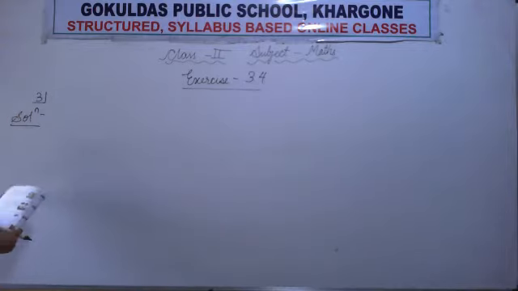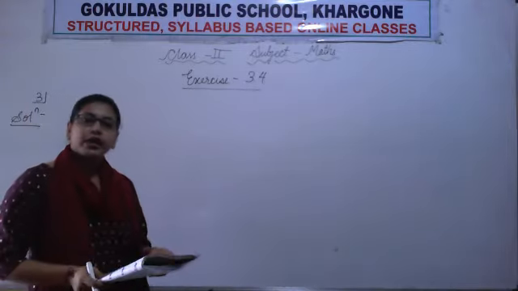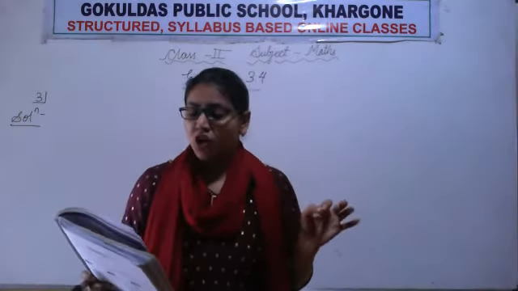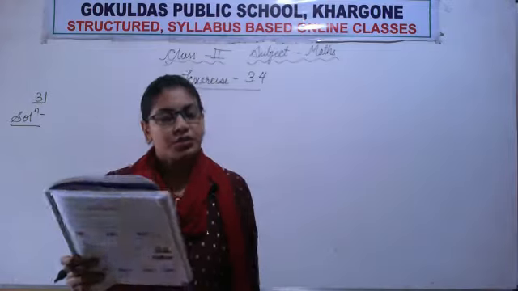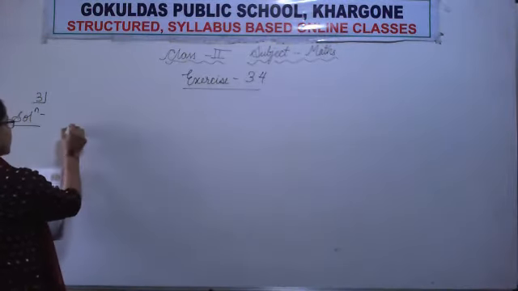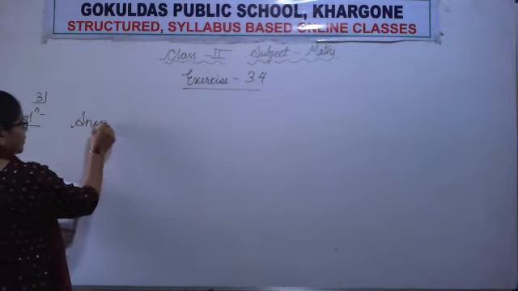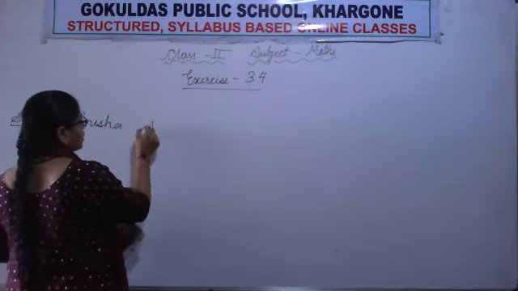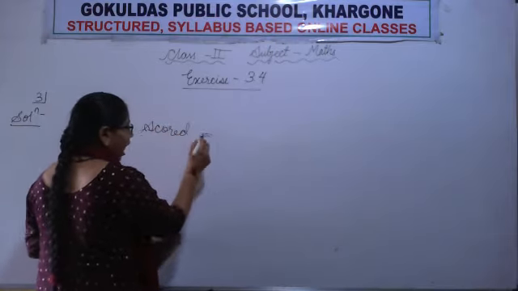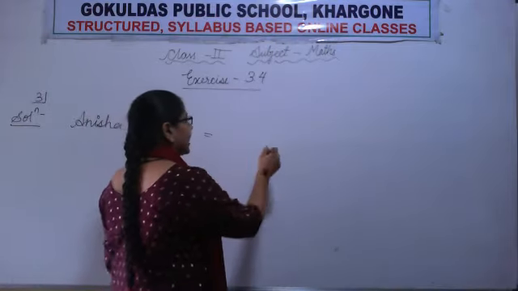Okay. So first of all, we'll write about the given information. Now in this question, given information is of Anisha's and Rahul's score. So let's write about their scores. Anisha scored how many points? 87 points.